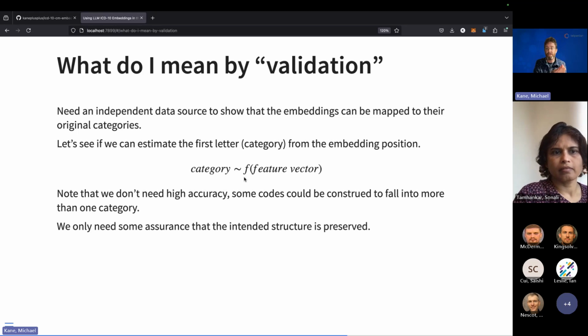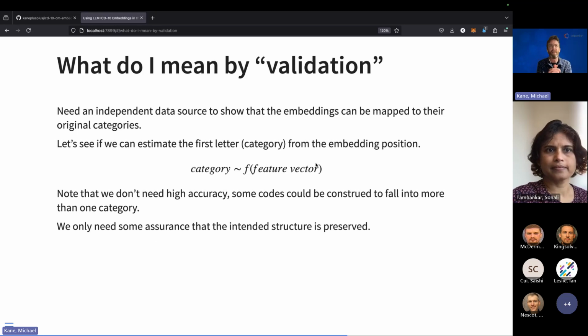So to validate, we're going to see if I take the embeddings, can I learn the categories from that? I'm going to create a supervised model that's going to try to estimate the category based on the feature vectors, and these are the compressed feature vectors. If I can, then that's telling me that some aspect of those relationships are being preserved.